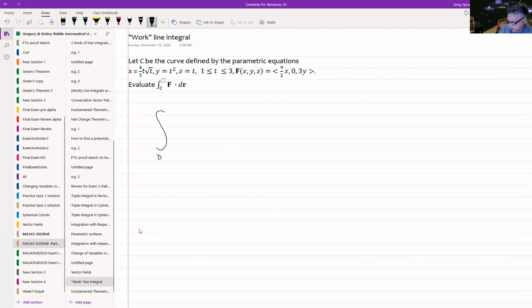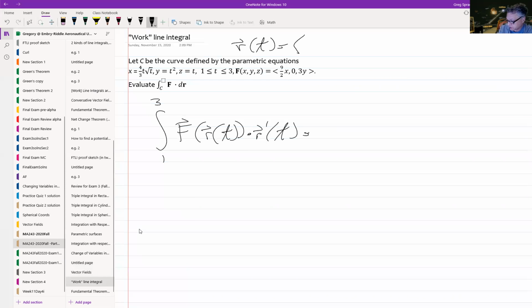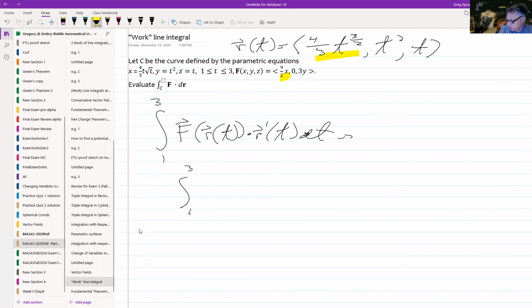Now to calculate this, we need to find the integral of F of r of t dot r prime of t. Now the curve is given in parametric equations, so we should convert it to a vector function, just like I did before. So for F of r of t, wherever there's an x, I replace it with 4/3 t to the 3/2.